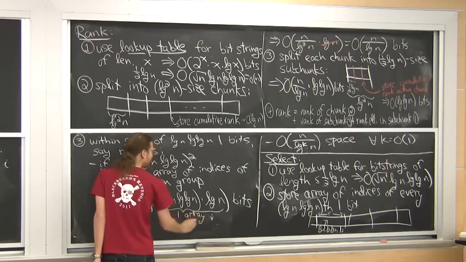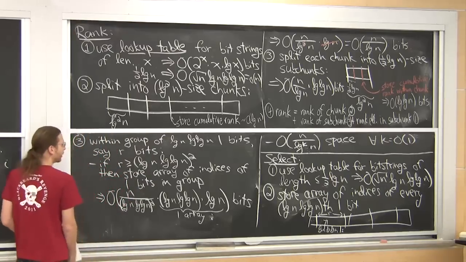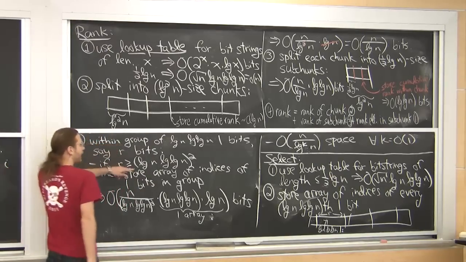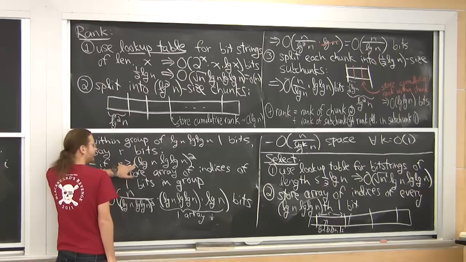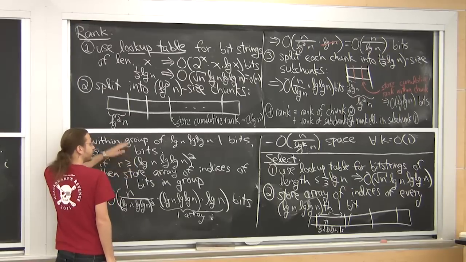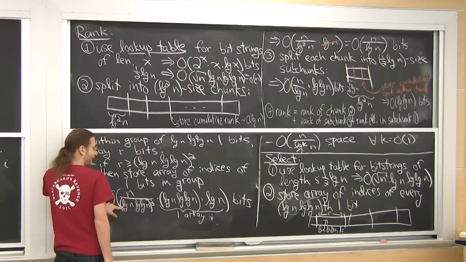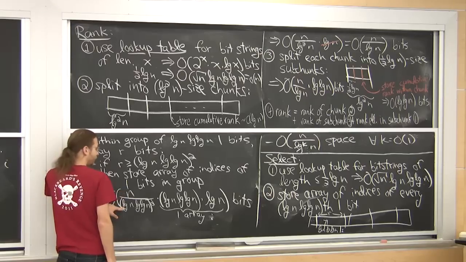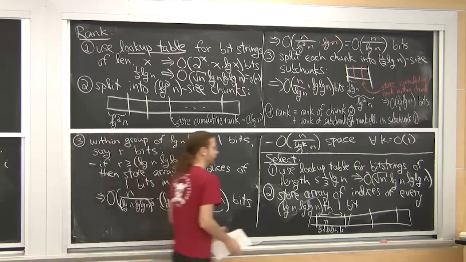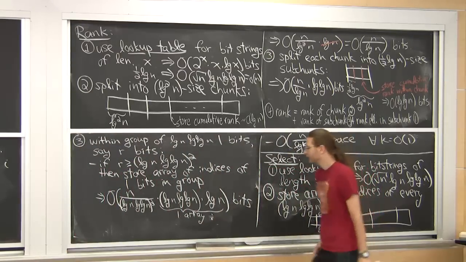Now how many of these could I possibly need to store? Well, I know that this group has log n squared bits in it. So the maximum number of such groups is n over that: n over log n squared. And now we get to do some cancellation.